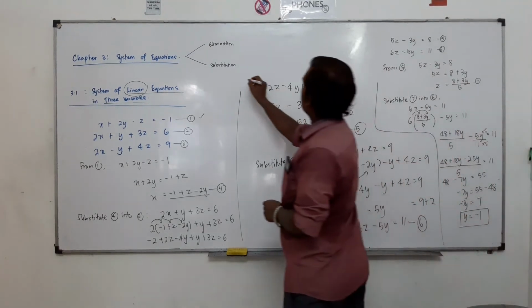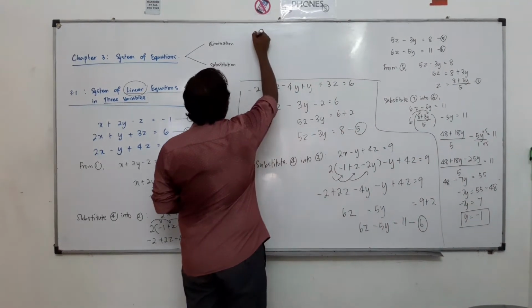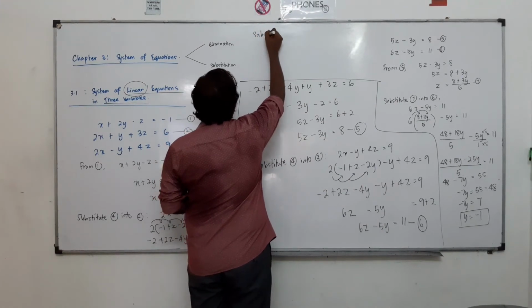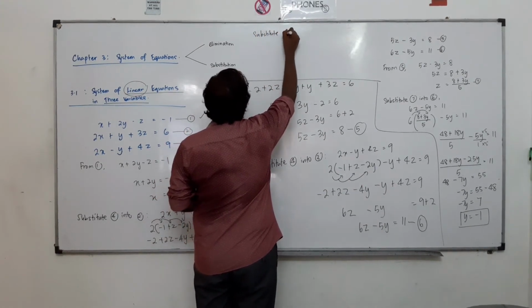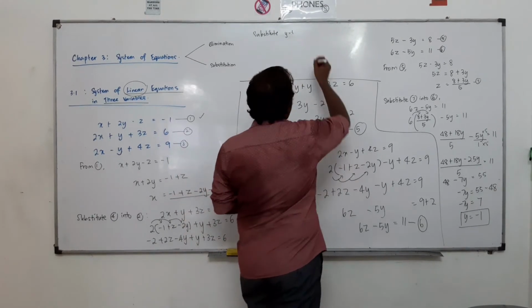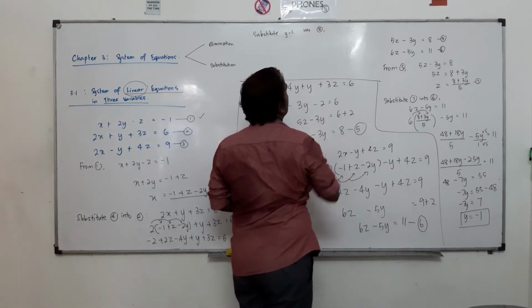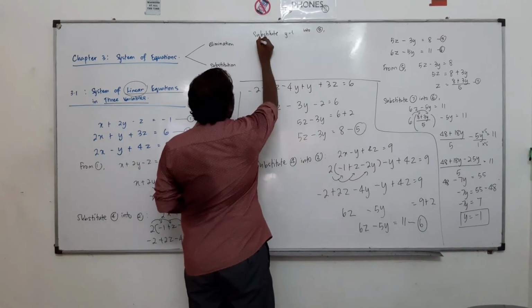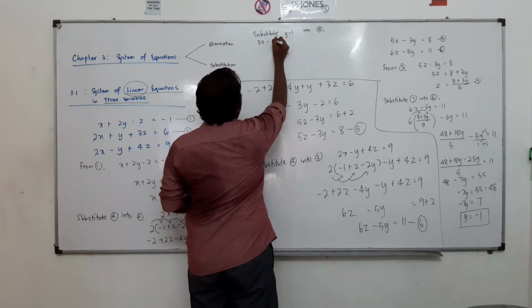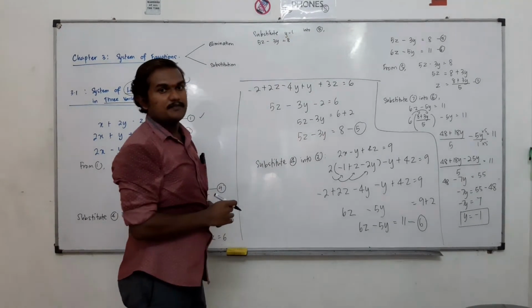For example, I am substituting y equals to negative 1 into equation 5. So 5z minus 3y equals to 8. This is equation 5.